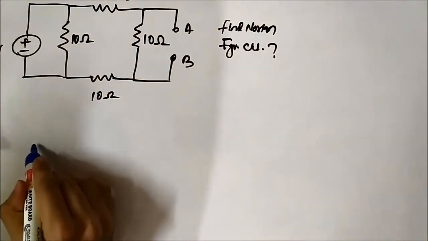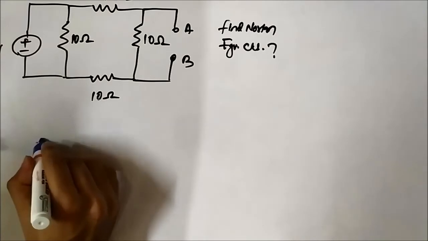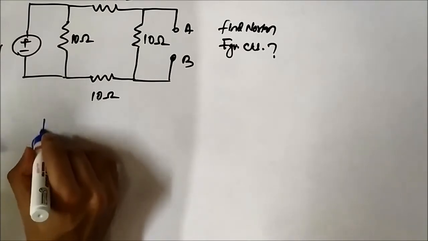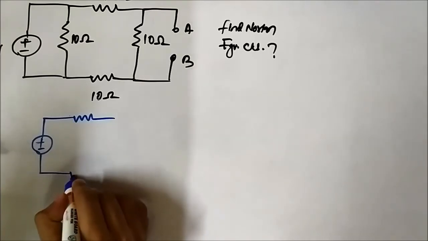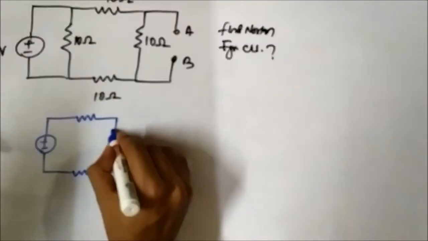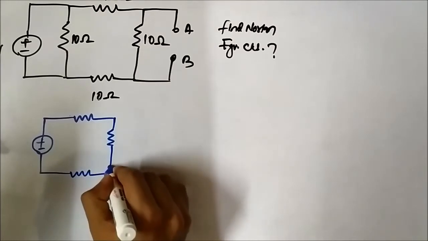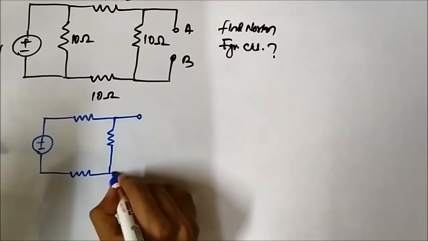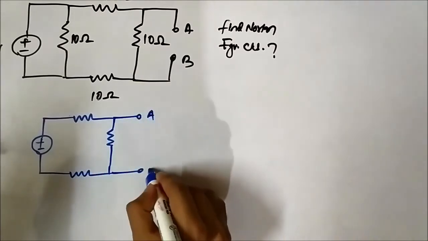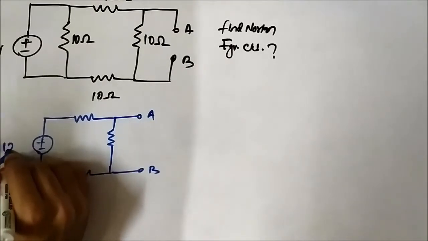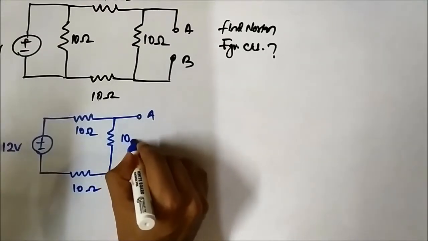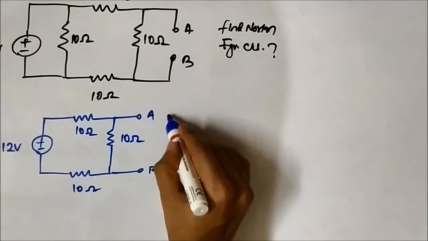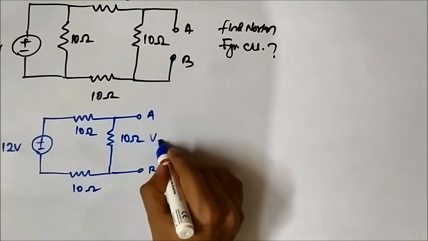Okay, so here we can replace this whole circuit with this: 12 volt, 10 ohm, 10 ohm, 10 ohm, A, B, 12 volt, 10 ohm, 10 ohm, and this. So we have to find this voltage, VTH.